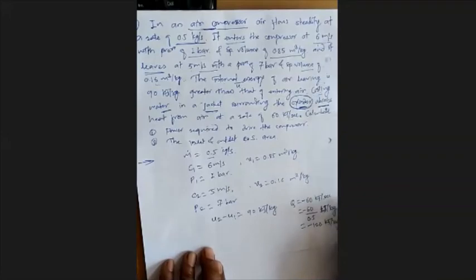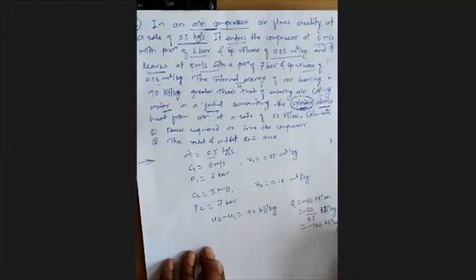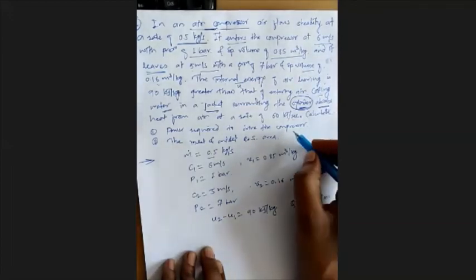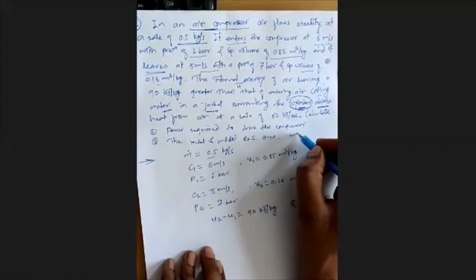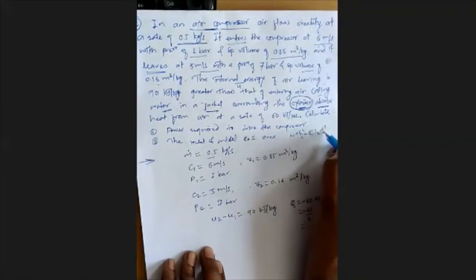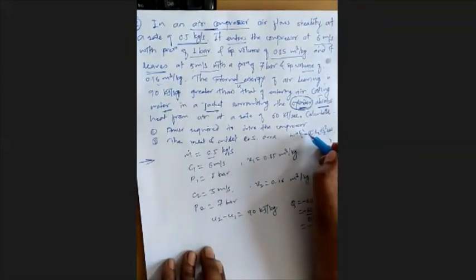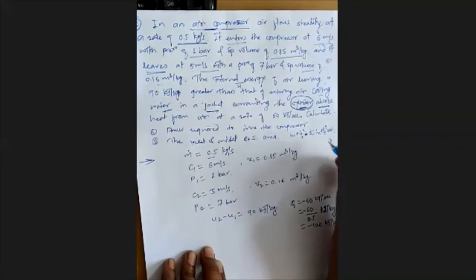Sir, but in the formula of the reciprocating compressor, minus Q is already there. Yeah, that is fine. Actually, there are two methods, right? First one, when you are writing the equation like h1 plus c1 square by 2 plus q is equal to h2 plus c2 square by 2 plus w, right? You can keep it plus, or you can keep it minus also.